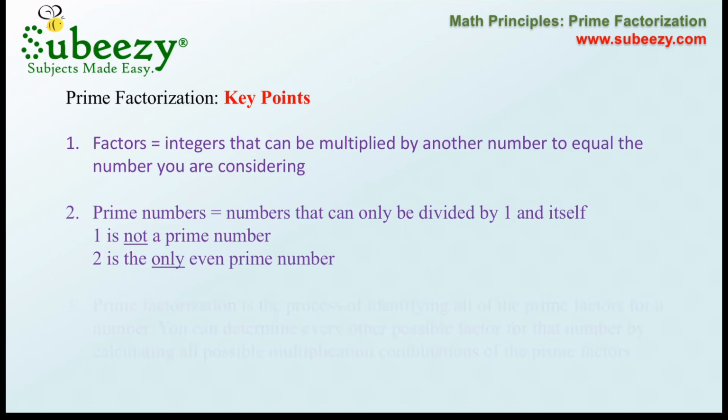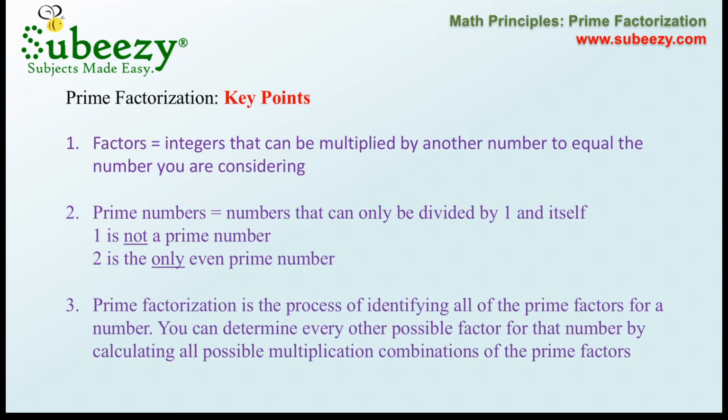And third, prime factorization is the process of identifying all of the prime factors for a number. You can determine every other possible factor for that number by calculating all possible multiplication combinations of the prime factors.